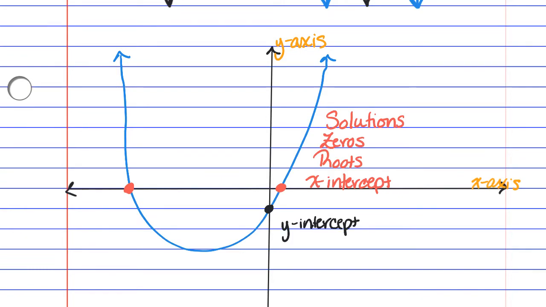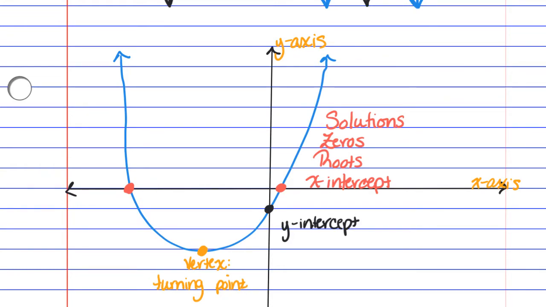Now, every parabola has a high point or a low point, and that is referred to as the vertex. Vertex simply means turning point. If we're looking at a parabola, our vertex is either located at the very bottom or at the very top of the graph, depending on where that graph turns.